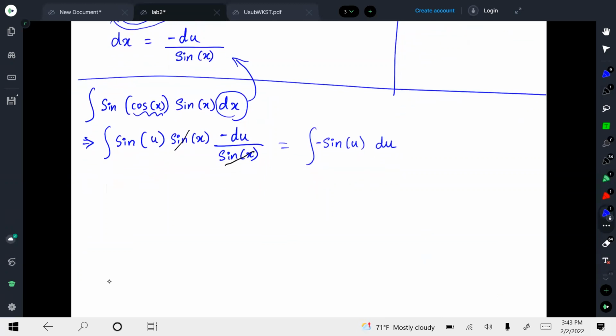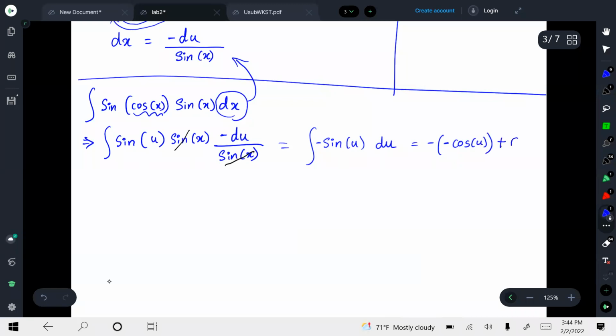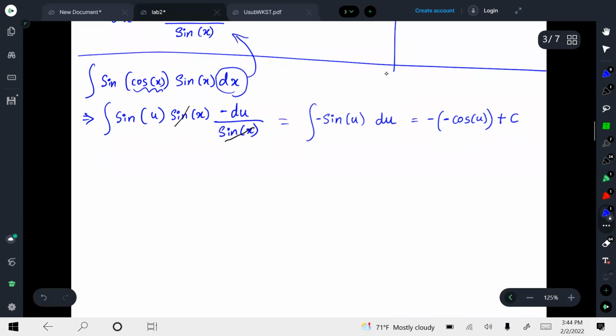Now, can you solve this integral? Yes, I can, because it is only one term. So integral of sine of u will be minus cos of u. But I also have minus outside, so I will write double minus, which becomes plus cos of u plus c.